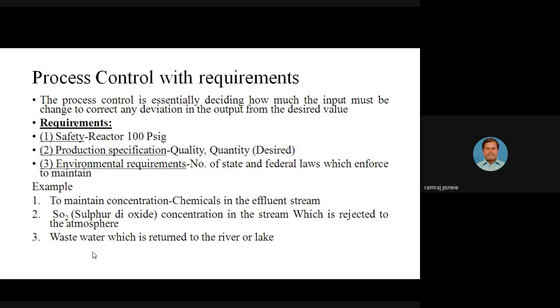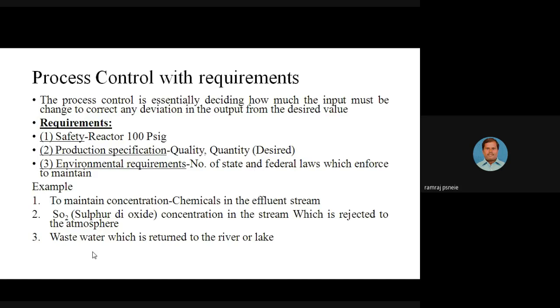For example, if you are considering a reactor, the reactor should operate within the pressure level of 100 psig, or the maximum operating pressure is 100 psig. At that time you should introduce some external intervention. That external intervention is nothing but your control system. It will be useful for maintaining the pressure below the maximum operating pressure of 100 psig.